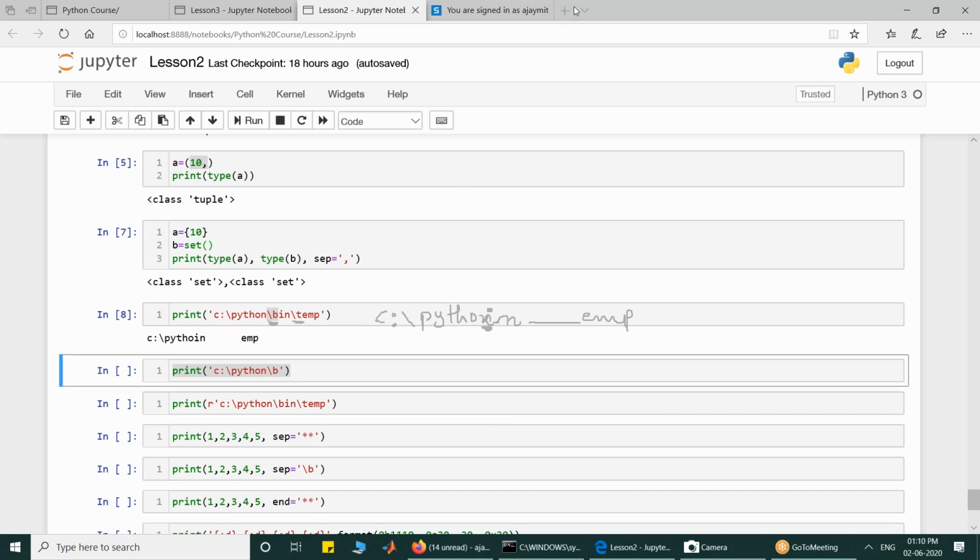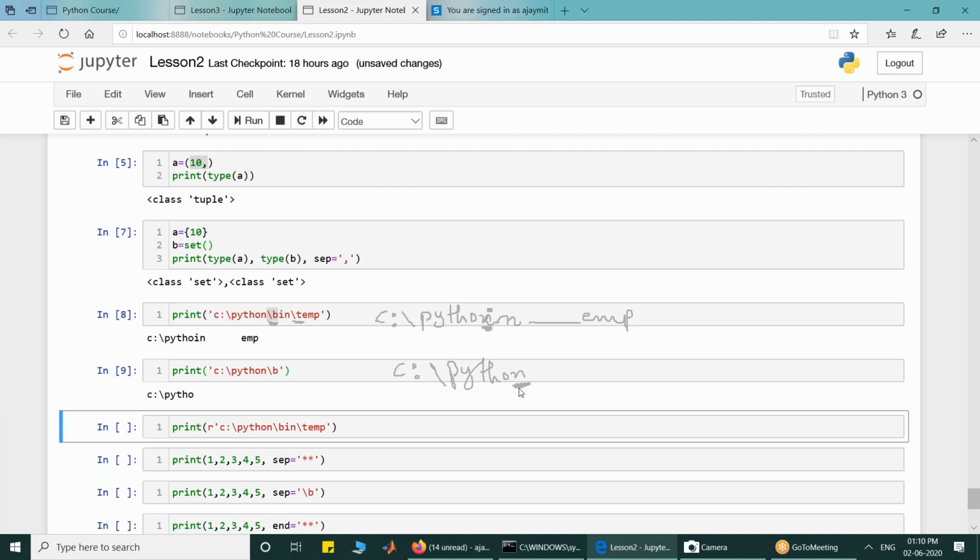Python. Yes. Because what we have already discussed is that if you write it like this, this will come out to be Python. What is \b doing? \b cannot erase n. It puts the cursor below n. So if I execute it, in this case it comes out to be erased.